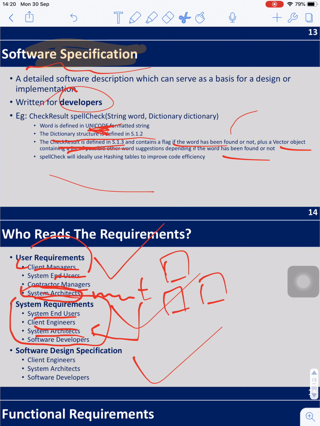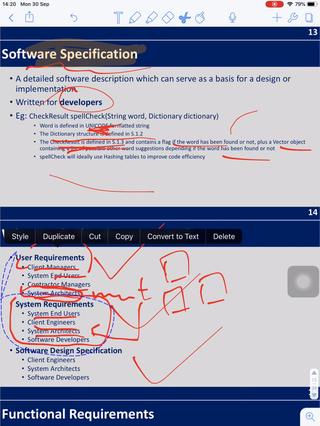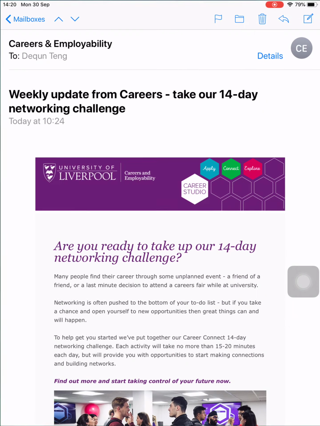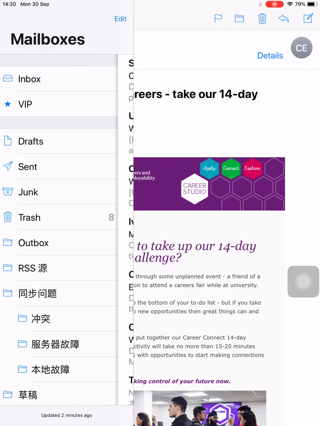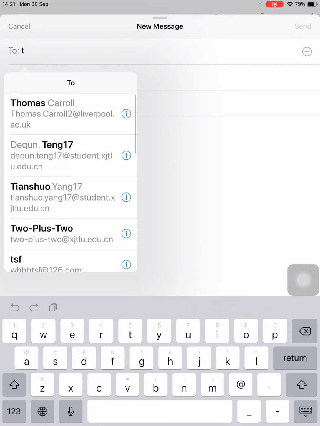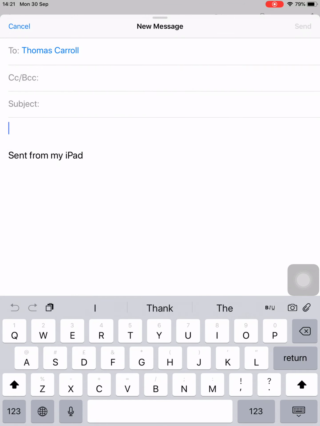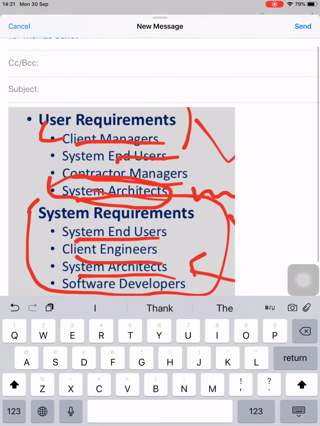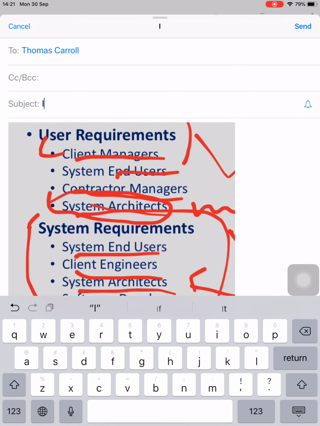The system end users. I'm not very sure. I should copy and send it to Thomas, where the Thomas placed as the system end user, normal user.